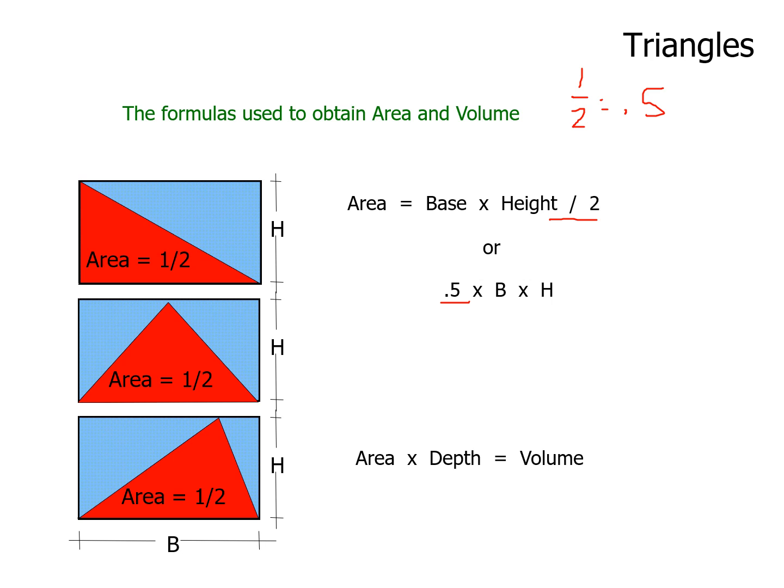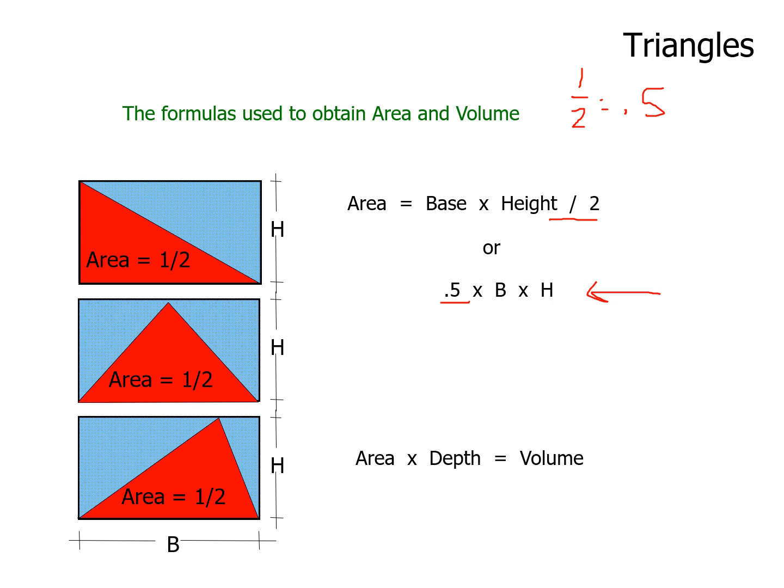Okay. So you can take the base times the height divided in half, or half the base times the height. For most of us, it's easier to multiply than it is to divide. But listen, it really doesn't matter. You get the same answer. So it's whatever you feel more comfortable with. Now look at what I did.